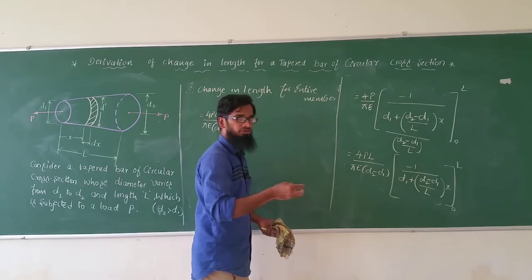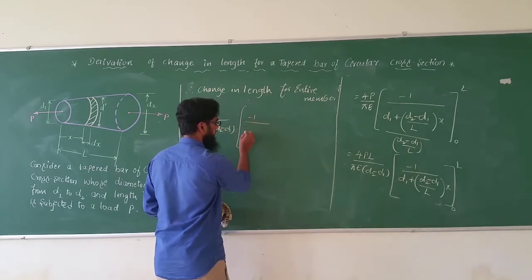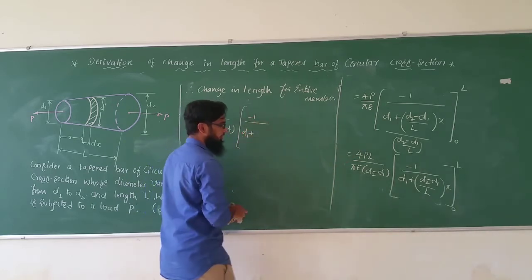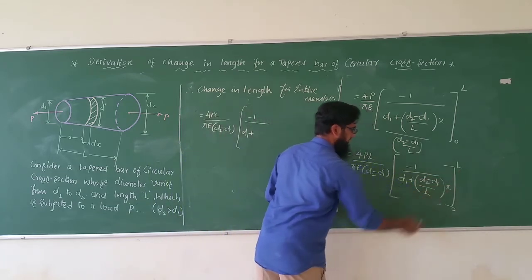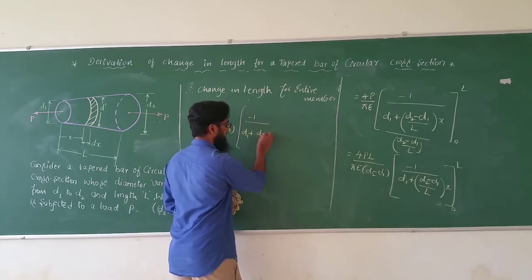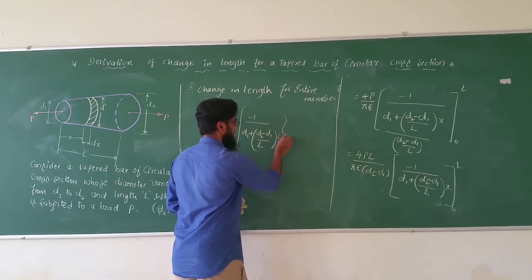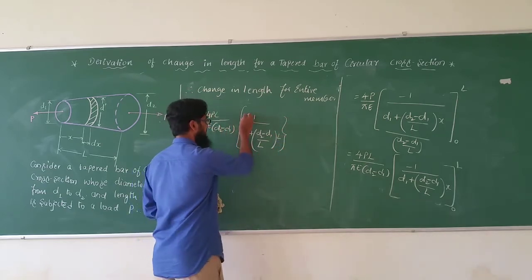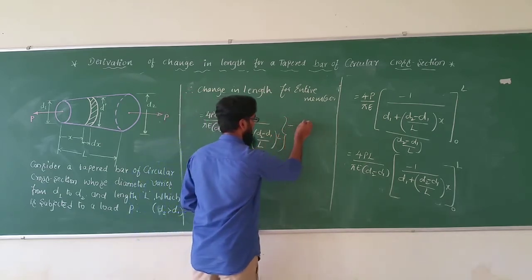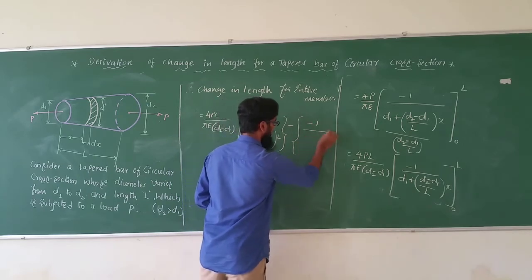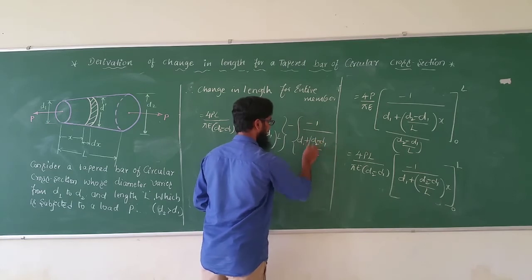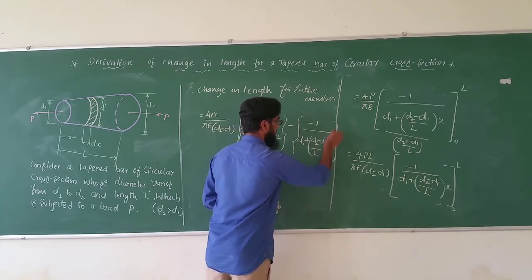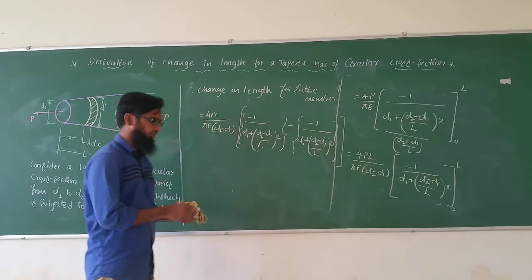Apply the upper limit first: it will be 1 over d1 plus, substituting L in place of x, d2 minus d1 by L into L. We have applied the upper limit; minus the lower limit I need to apply, so d1 plus d2 minus d1 by L into 0. This is what we have applied for the lower limit.